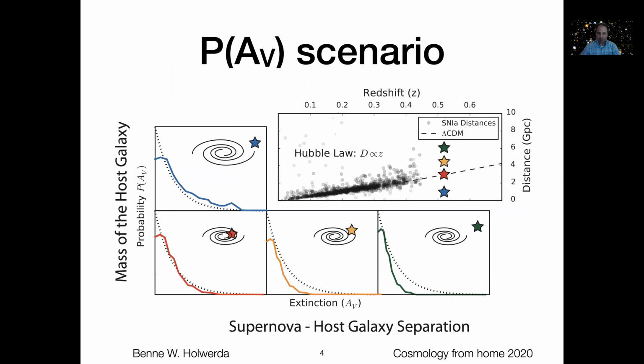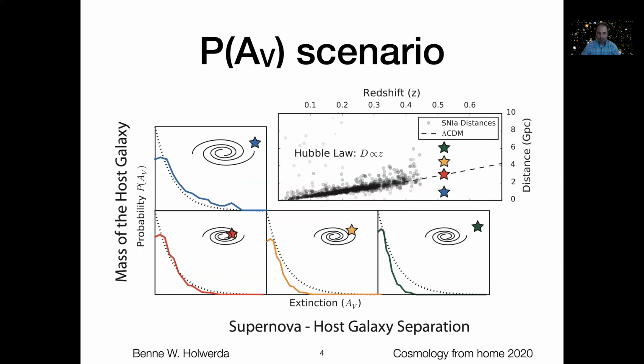Now, that's pretty important because this is the summary slide where I try to explain what happens if you put the supernova in different parts or different kinds of galaxies. So the dotted line is the exponential drop-off that we've been using for every supernova ever observed. So it's all an exponential drop-off. That's our expected prior, and it's a pretty good one.